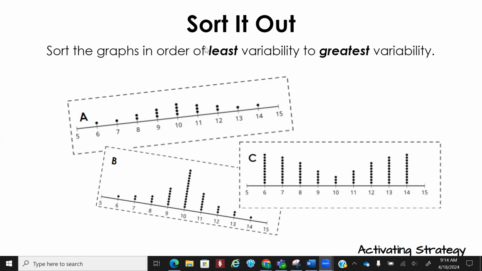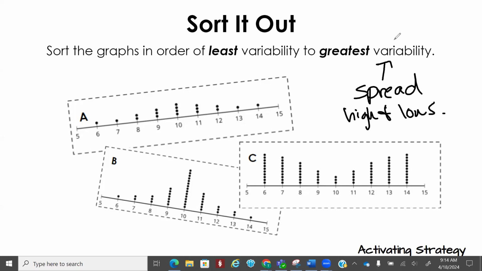Now, if you have a consistent player that does the same thing every single day and you know what to expect of them, that has less variability. So variability is talking about the difference between their highs and lows. It also talks about how spread out something is. So variability is talking about the spread of something and the highs and lows.